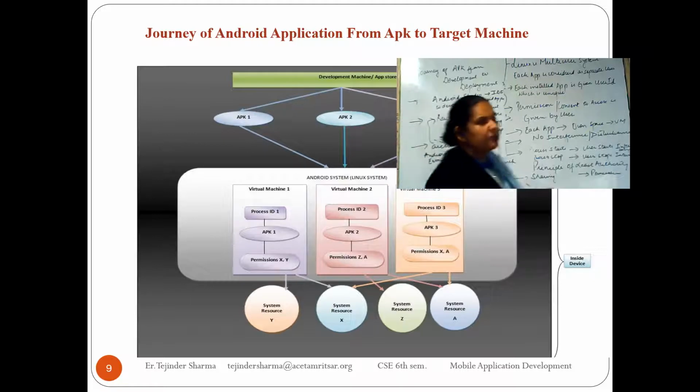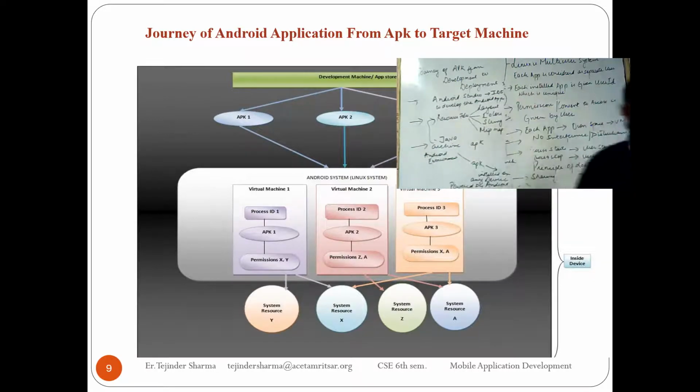That means .apk can be taken to any device which has the Android operating system. This is how the Android app is developed, and then it is deployed onto the Android device. Now, what happens after installing the APK?